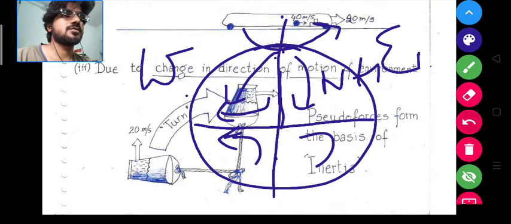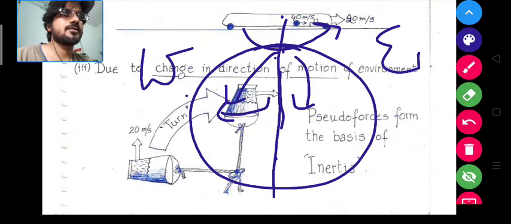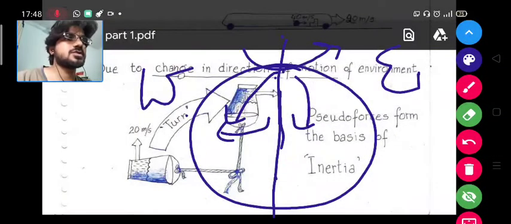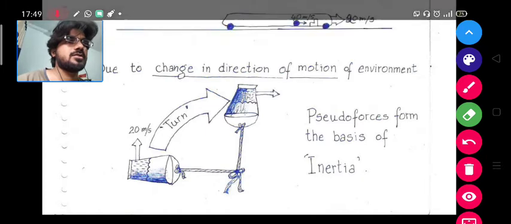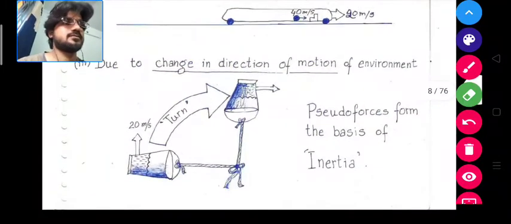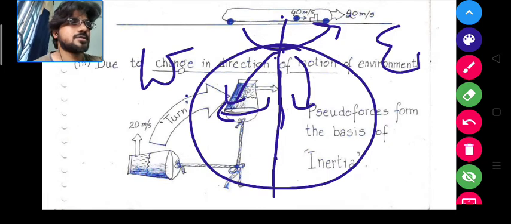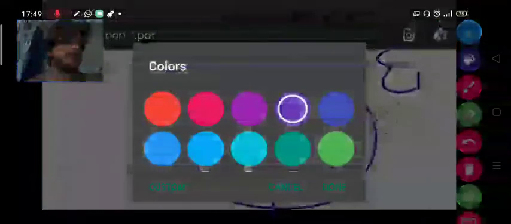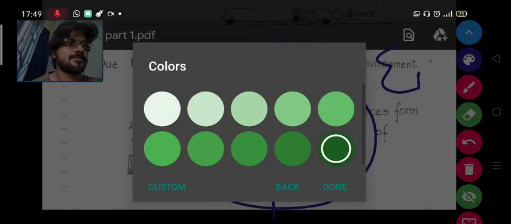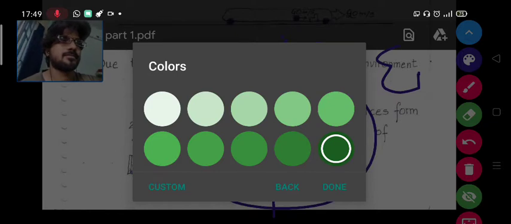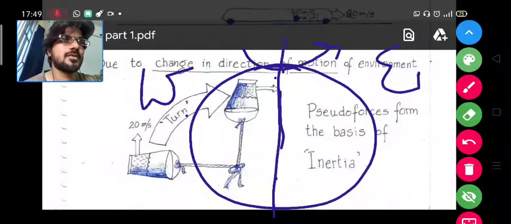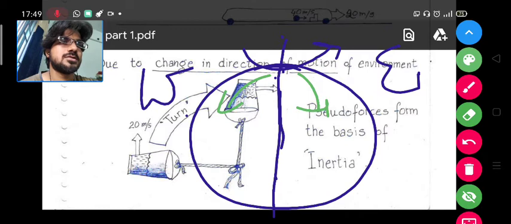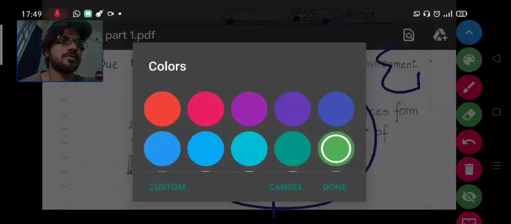So what is happening with these winds? One wind is coming from north to south direction, and another is coming from south to the equator, and at the point of the equator these lines will meet.